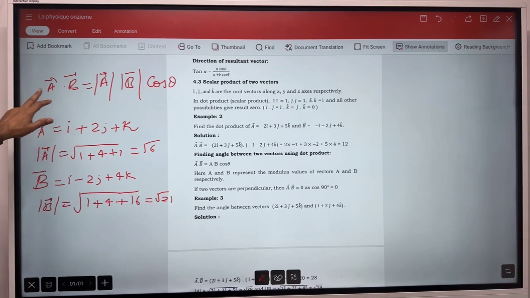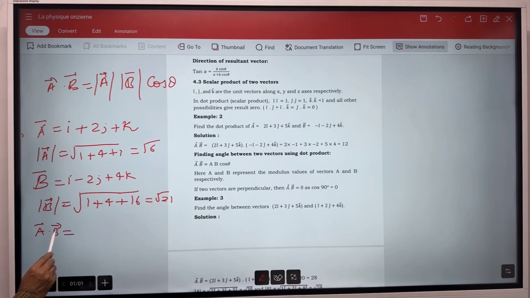Now what is left? You have to find out the LHS also, A dot B. If you do the dot product of these two, as I told you, you only have to multiply the coefficients of i, j, k, because other pairs will give 0. So i has coefficient 1, here i has coefficient 1, so it will become 1.